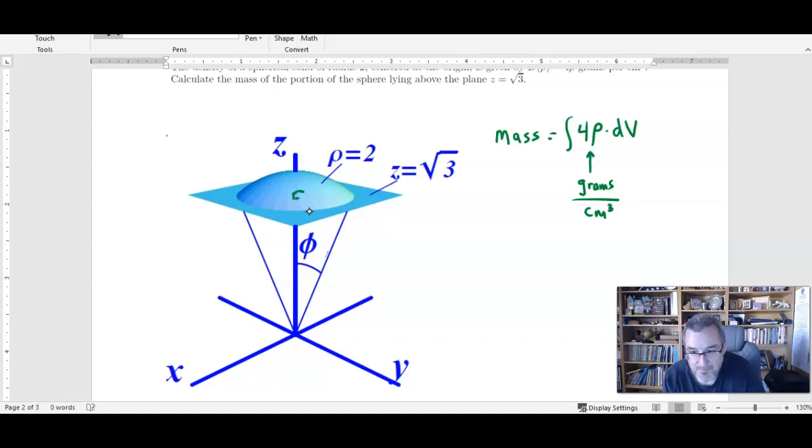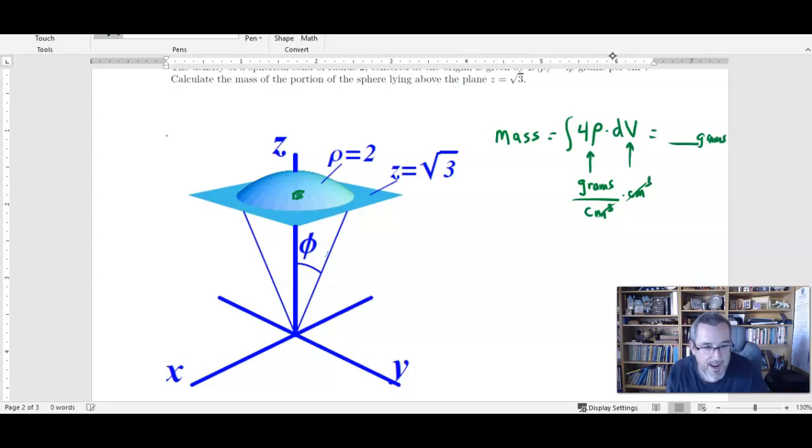Can you imagine a little rectangular solid in there? So tiny, infinitesimally small dx, dy, dz's inside of that thing. That's what dV would be, and it would be measured in cubic centimeters. And so this product is certainly going to give you some number of grams, as we would want.